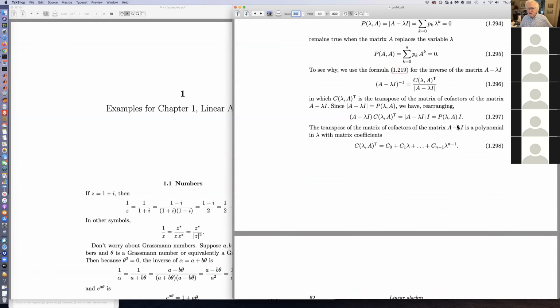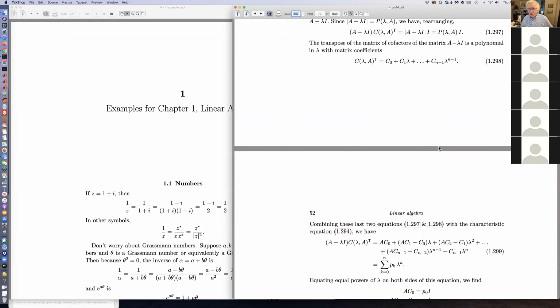If you rearrange that, you have this equation: A minus lambda I times the cofactor matrix is equal to the characteristic polynomial times the identity matrix. And the transpose of the matrix of cofactors is a polynomial in lambda with matrix coefficients. So these C's are actually matrices.